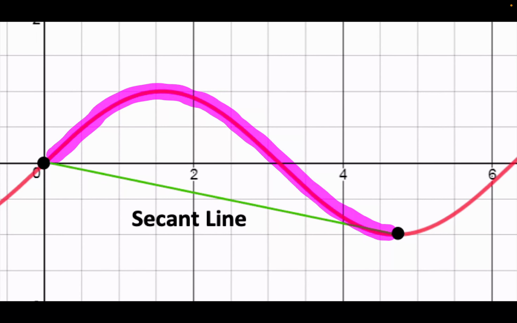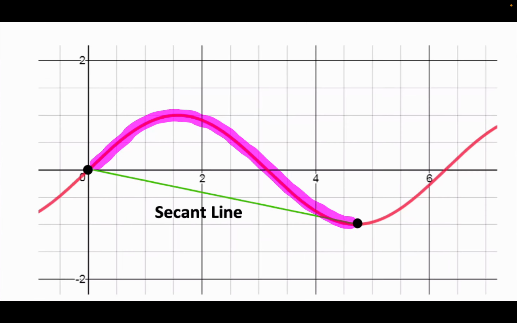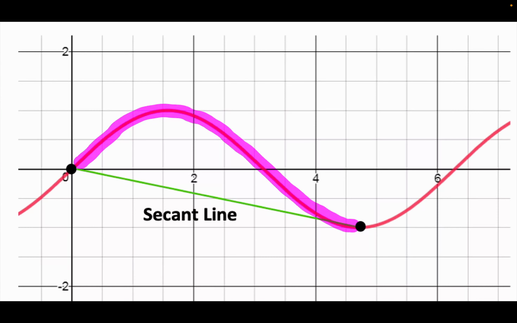So if I was to find the slope of that green line, it connects the first dot to the last dot, right? So to do that, I need to know where it starts, and I need to know where it finishes. That's where the y2 minus y1 over x2 minus x1 would come from, right?